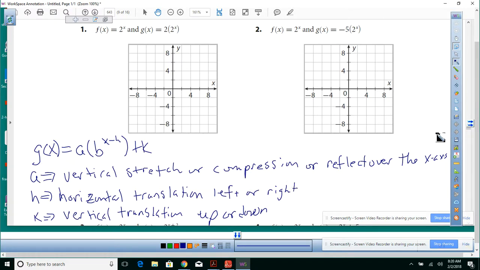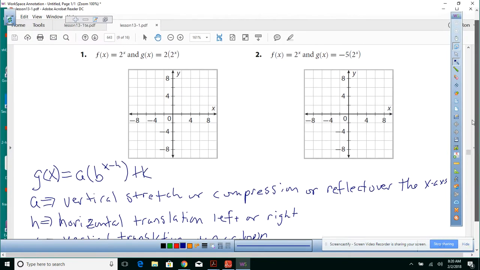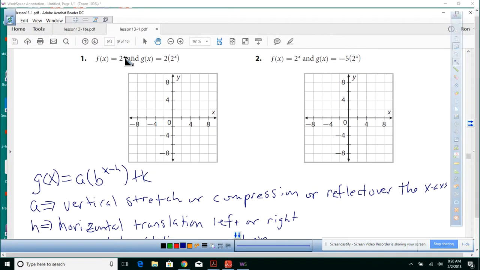Okay, there's also a couple other things. All right, so here we have f of x is 2 to the x power. G of x is 2 times 2 to the x power. So a is 2, and that's right there.